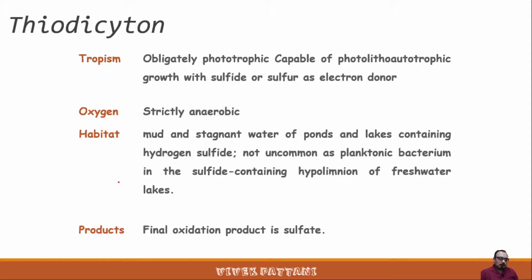Normally they are found in mud and stagnant waters of ponds and lakes which contain hydrogen sulfide, and are not uncommon as a planktonic bacterium in the sulfide containing hypolimnion of freshwater lakes. The hypolimnion is a place where there is less oxygen and less light, and the final oxidation product will be sulfate.